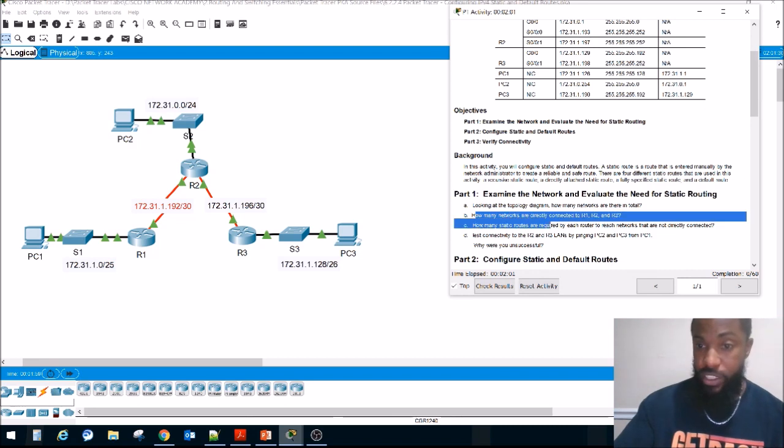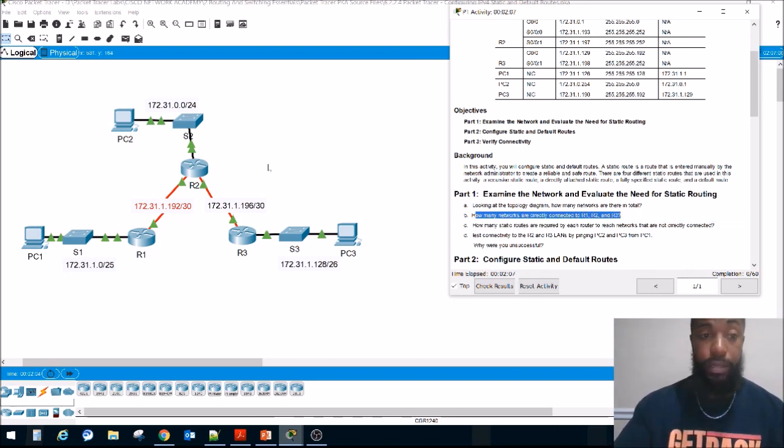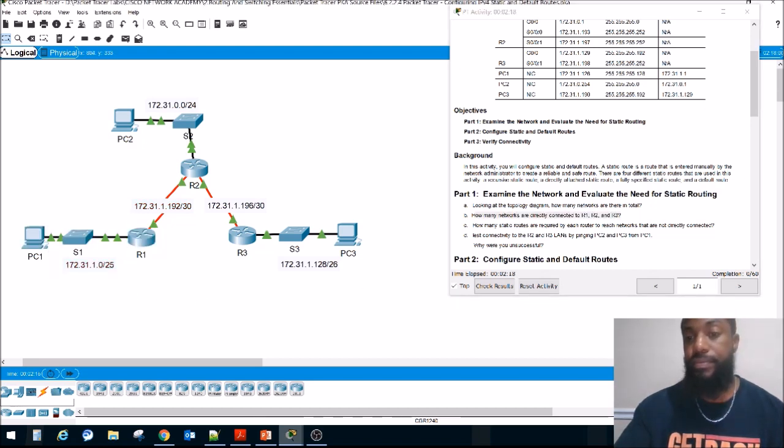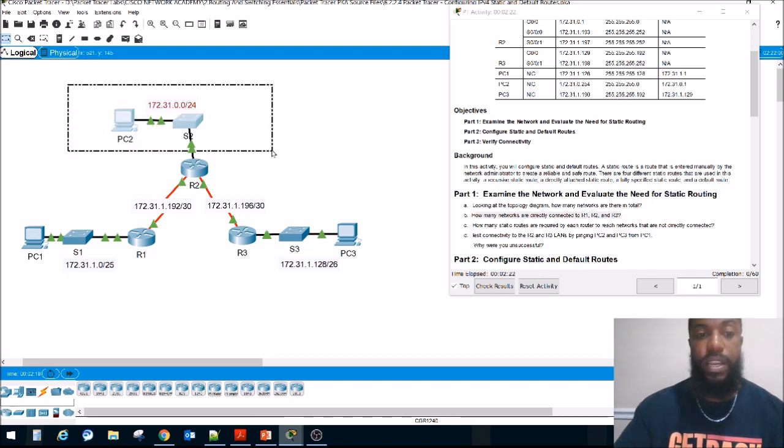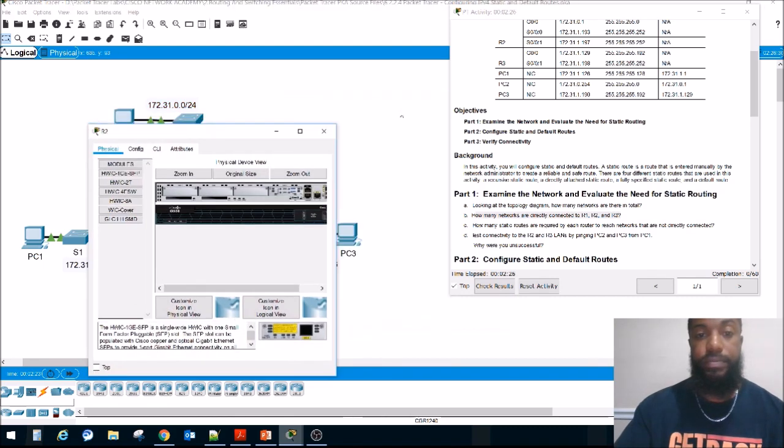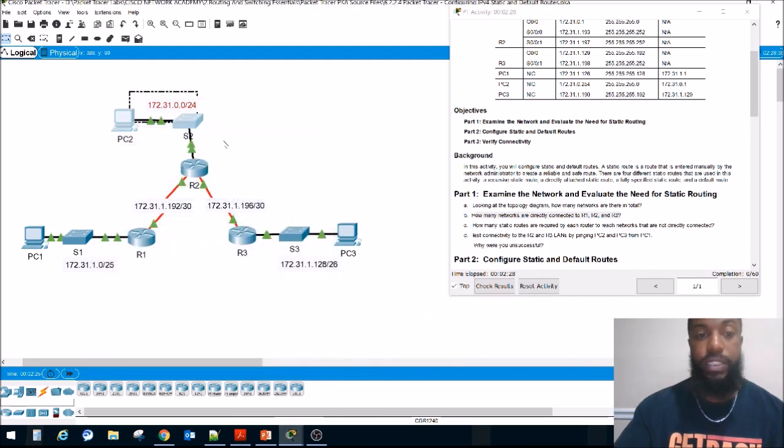How many networks are directly connected to routers 1, 2, and 3? Router 1 has this network directly connected and this network directly connected. Router 2 has 3 networks connected to him.